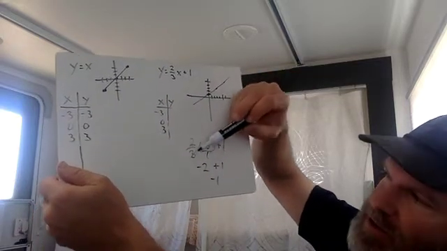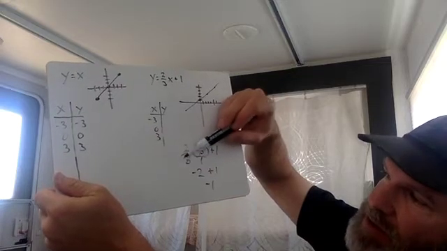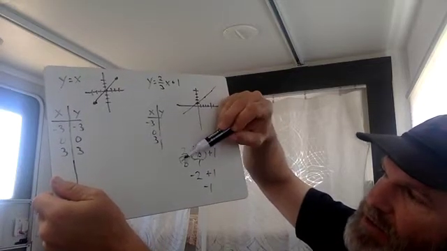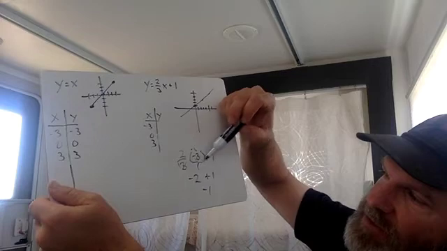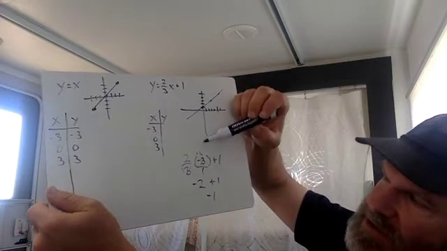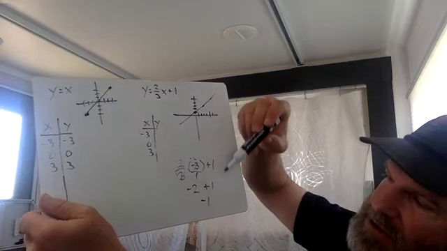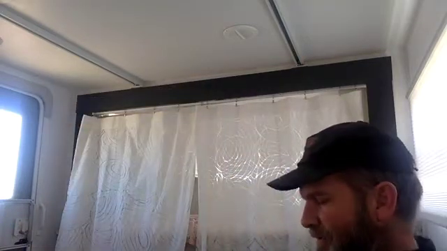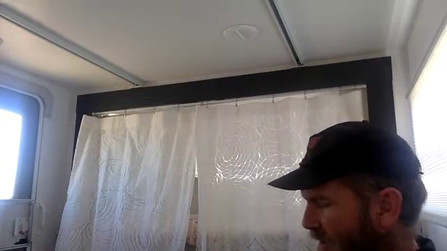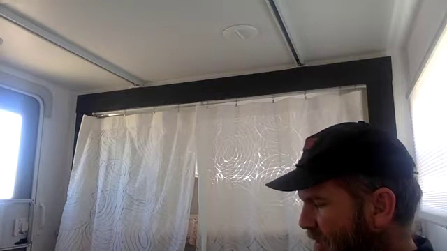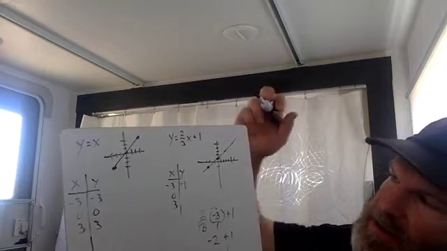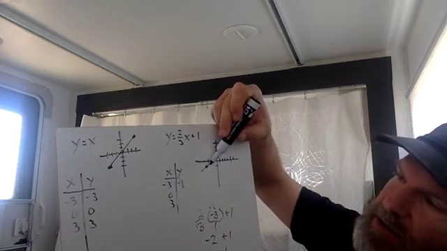Instead of doing that work, you can just cancel them, make this a 1 and this a -1, and you'll have 2 times -1 over 1 times 1. Anything over 1 is just itself, so it's 2 times -1, which is -2, and -2 plus 1 is -1. So the point -3, -1 is going to be on the line, and I added that in. That's this point right there.